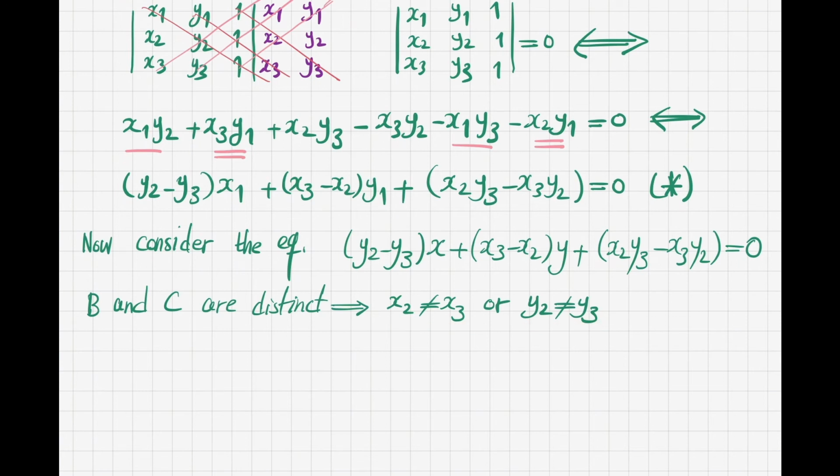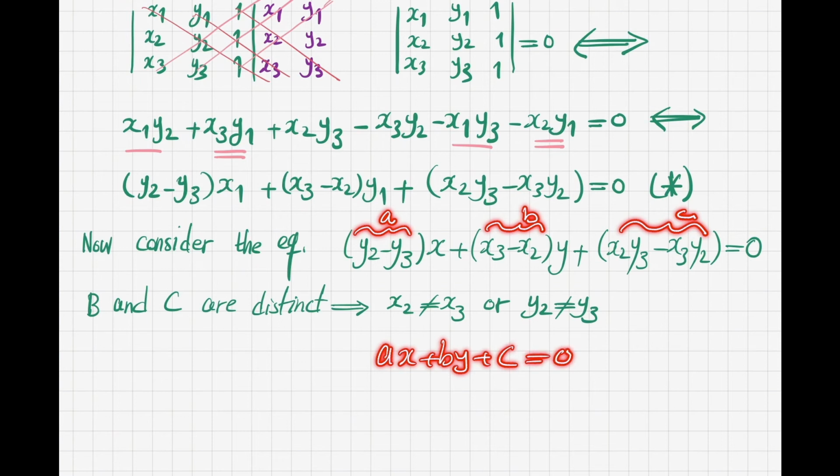So then this equation that you can see here, if I consider this A, this B, and this C, then you will have the form Ax plus By plus C equals 0. And you know that this coefficient and this coefficient are not simultaneously 0. Because either x2 is not equal to x3, which means B is not 0, or y2 is not equal to y3, which means that A is not equal to 0.